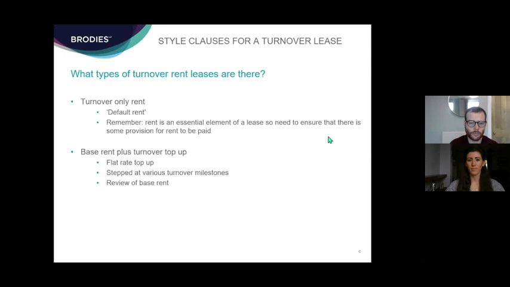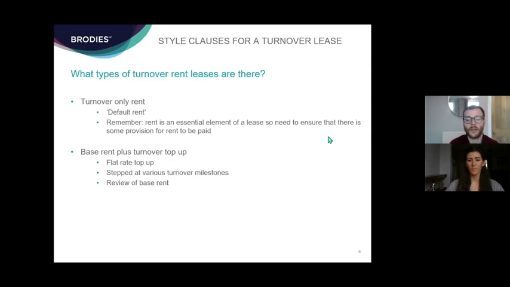And the final point I've put on that bullet point there is just about the review of any base rent in a turnover agreement or a turnover lease. It's very important for the landlord to ensure that base rent is increasing and it's reviewed.